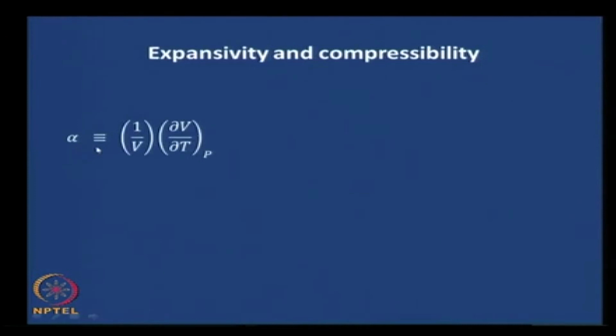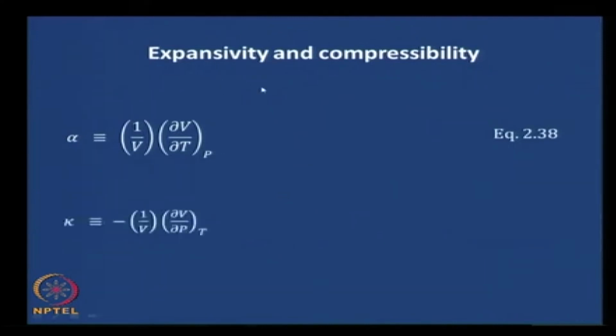Expansivity is defined as 1/V ∂V/∂T at constant P. That is the definition of alpha, the variation of volume with temperature, or specific volume with temperature, at constant pressure, normalized with respect to the specific volume itself. Let us call that equation 238.